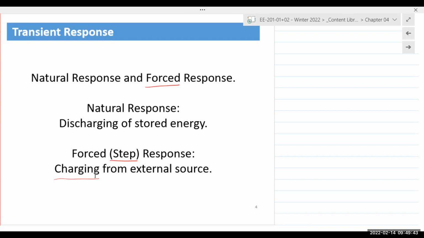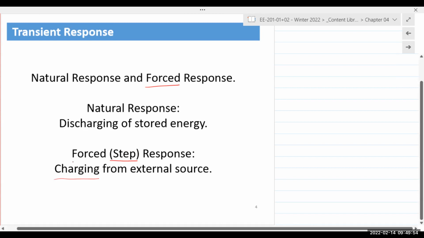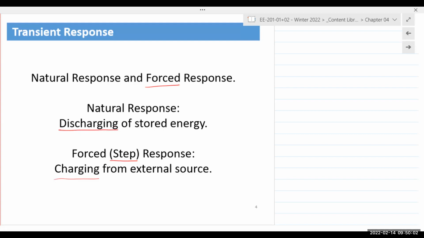And hence, it is just discharging everything that is just naturally stored inside that component, and hence natural response. Okay. So to summarize it, forced response is charging, natural response is discharging. Okay. Any questions so far? We all good? Okay.